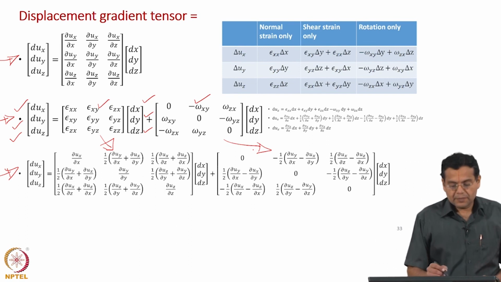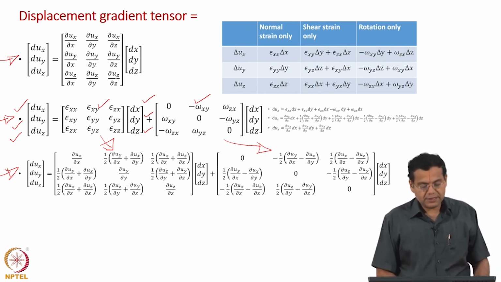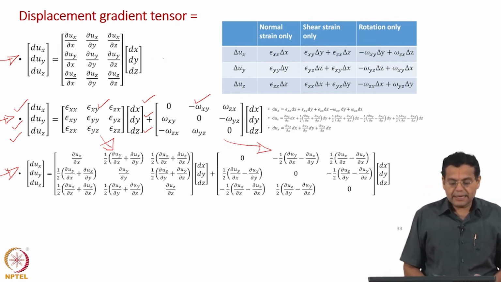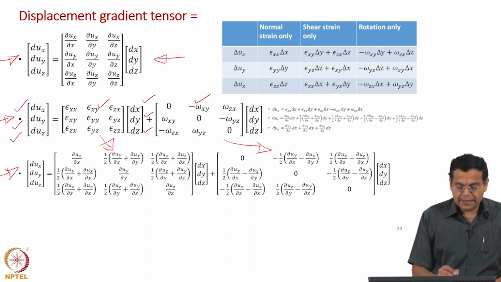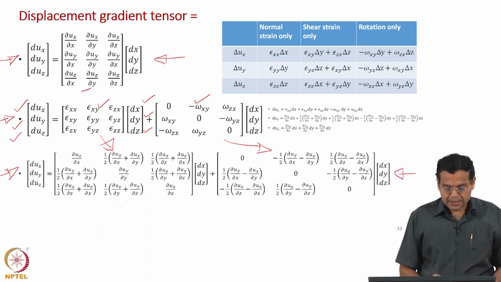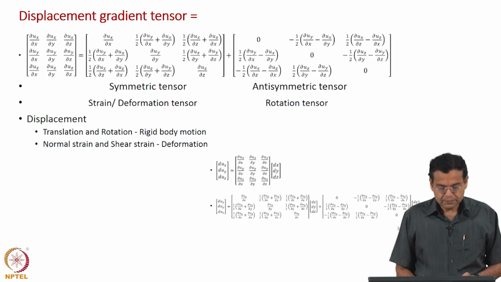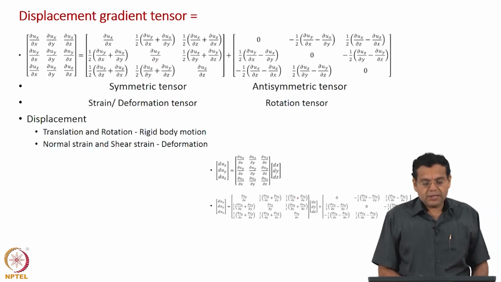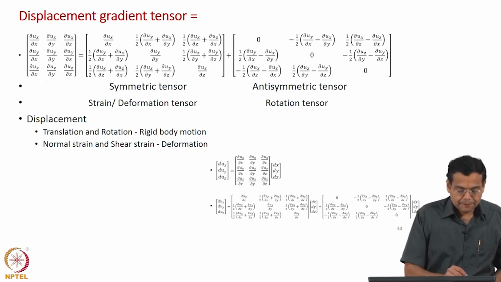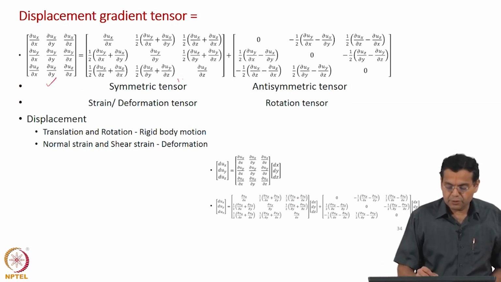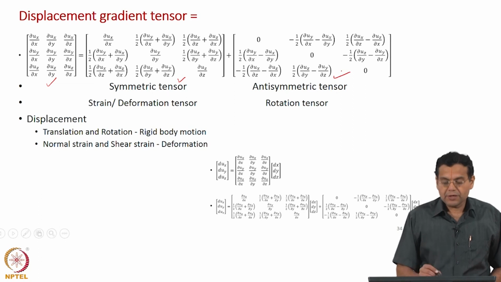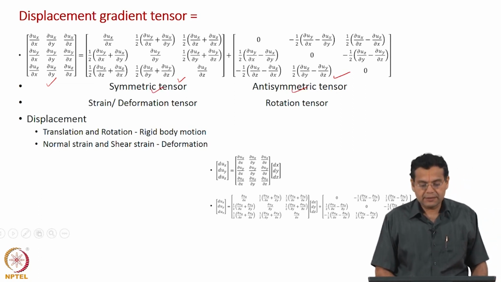Now, from these two equations we could write that the displacement gradient tensor is the sum of two tensors. The first one was symmetric, the second one was antisymmetric.